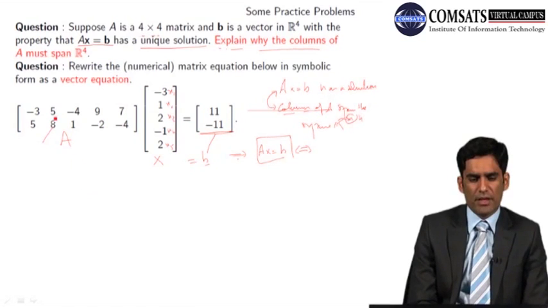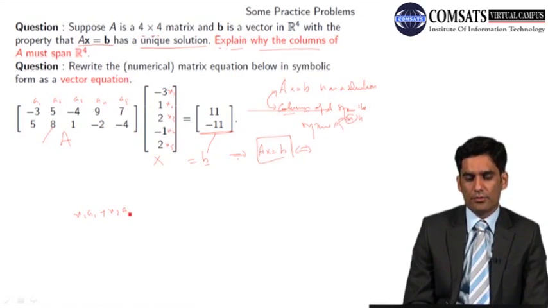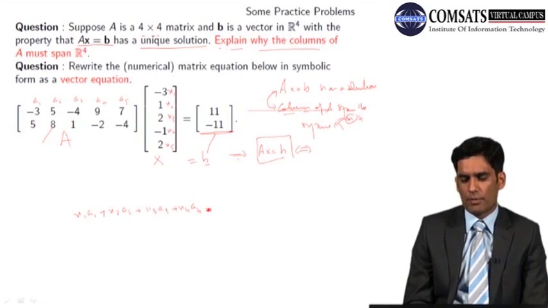So if I make my columns as A1, A2, A3, A4 and A5, then my required symbolic vector equation will be x1 A1 plus x2 A2 plus x3 A3 plus x4 A4 plus x5 A5 equals B.